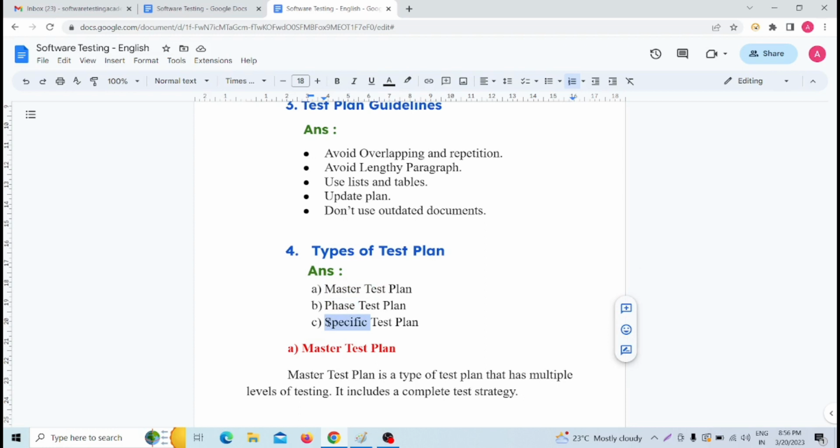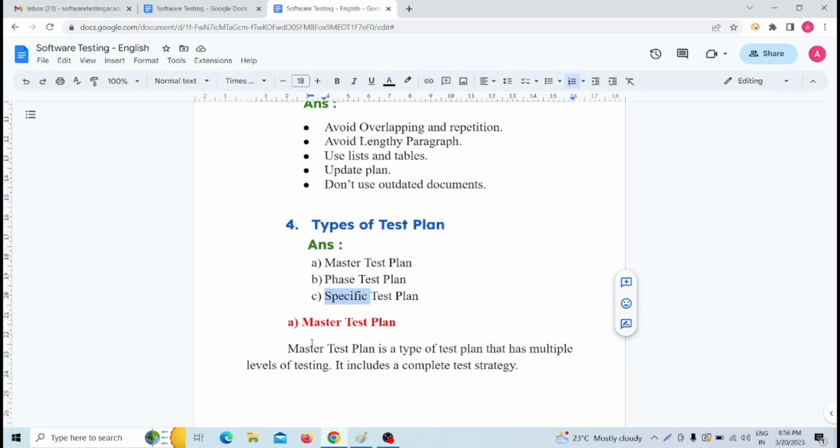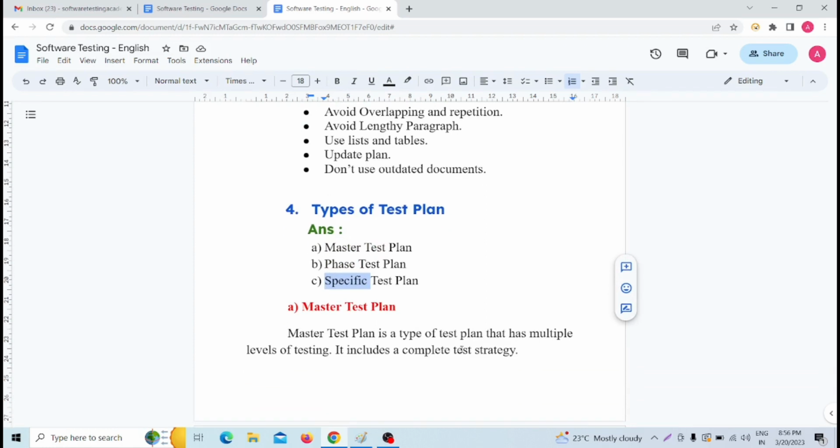So what do you mean by master test plan? Master test plan is a type of test plan that has multiple levels of testing, and it also includes a complete test strategy.